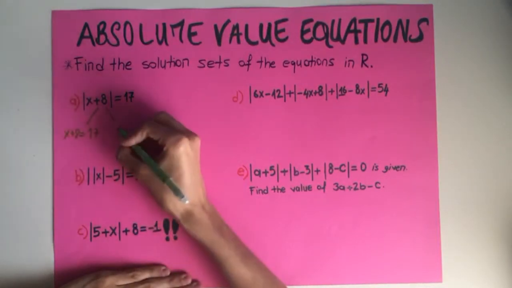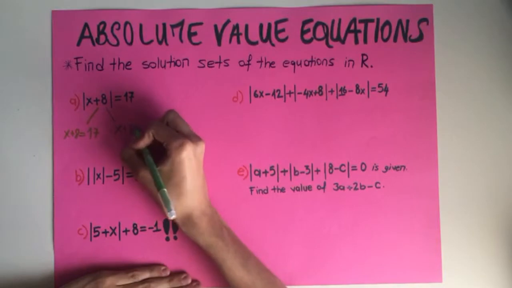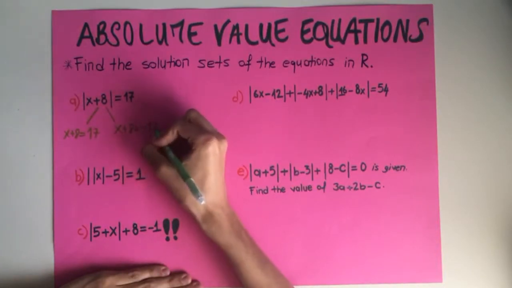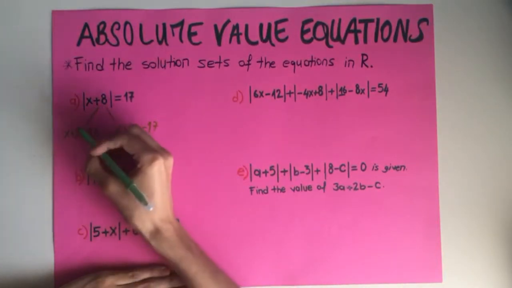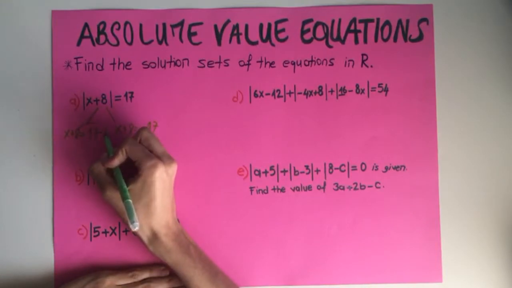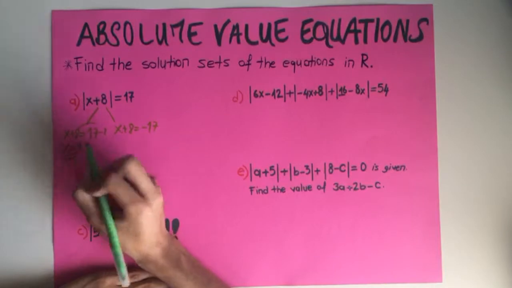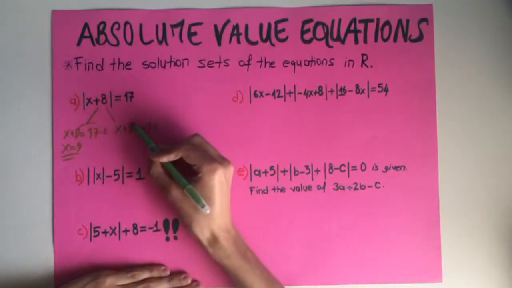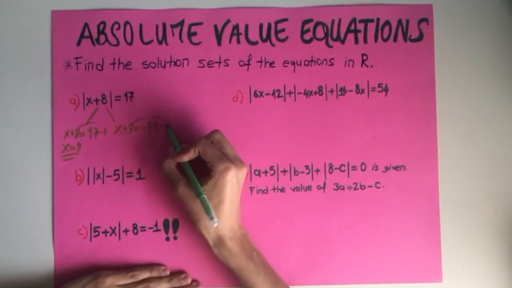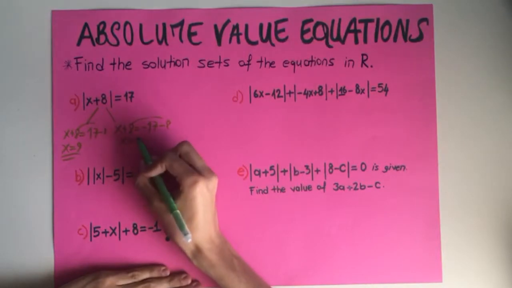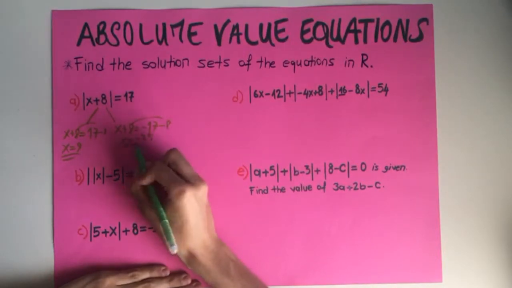For the other one, you say x plus 8 is equal to minus 17. And after you solve, this 8 goes to the other side as minus 8, so x is equal to 9, the first value for x. For the other one, we do the same, and then x is equal to minus 25.